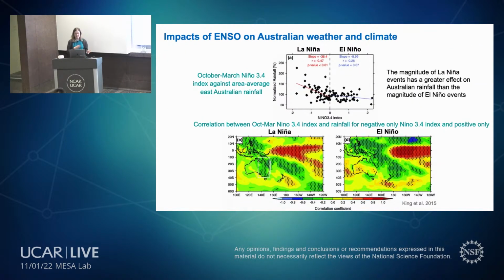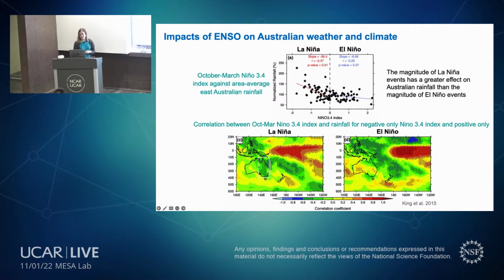So we tend to see this asymmetry in the impact of El Nino and La Nina on eastern Australian rainfall. So I've shown here a scatter diagram showing the Nino 3.4 index on the x-axis and rainfall averaged across eastern Australia, that's in this white box here, on the y-axis.